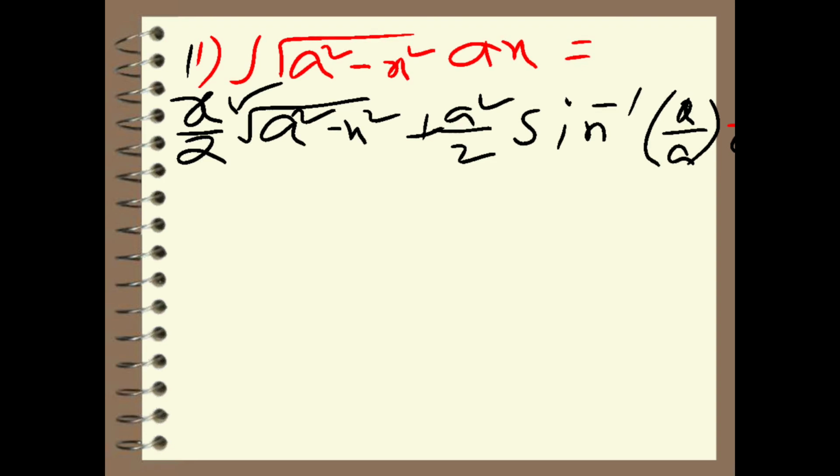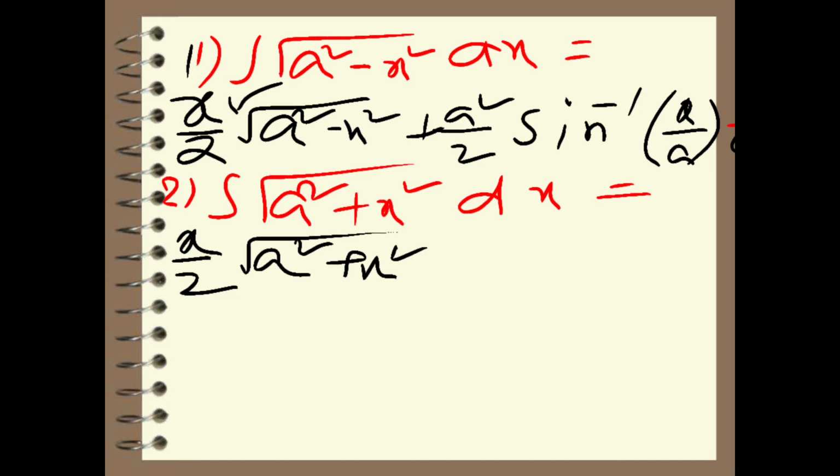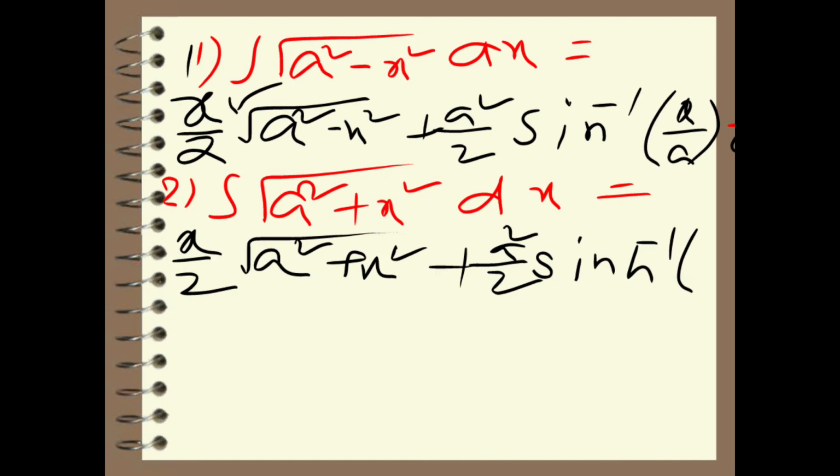And the second one, integral root a square plus x square into dx is equal to x by 2, same root a square plus x square, plus a square by 2 sine h inverse x by a, because the formula for 1 by root x square plus a square is sine h inverse x by a.